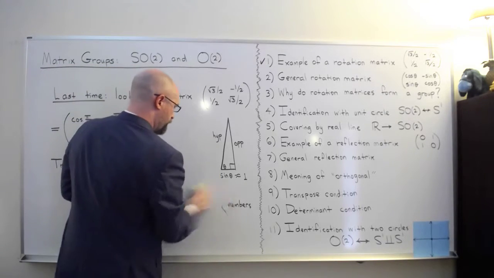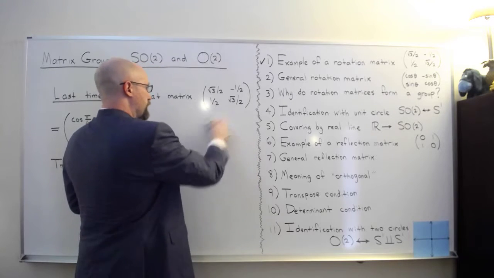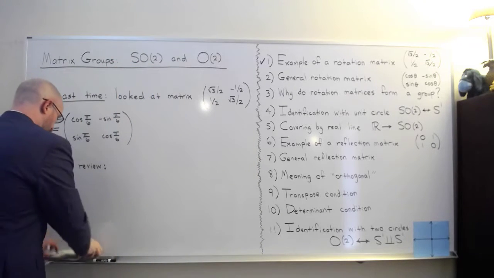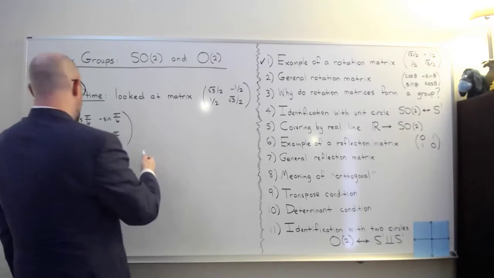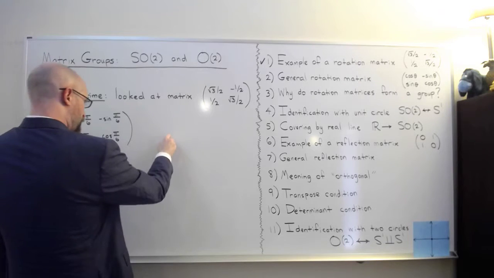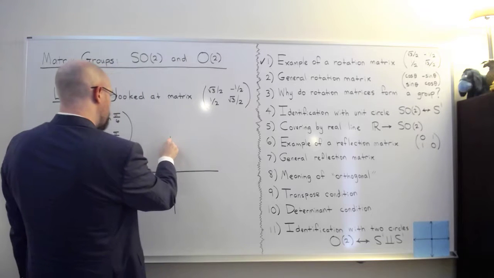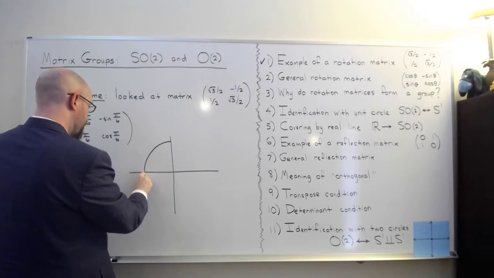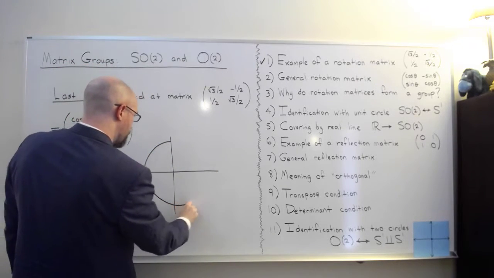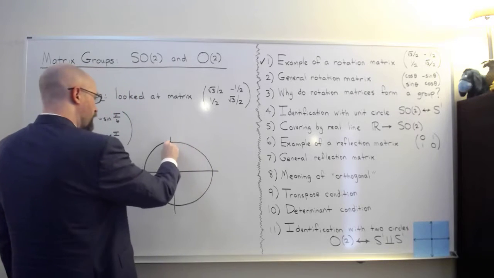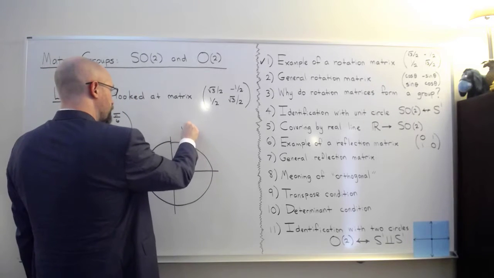And so, in particular, if I have now the unit circle, so this is a circle that has radius 1, this is the unit circle.